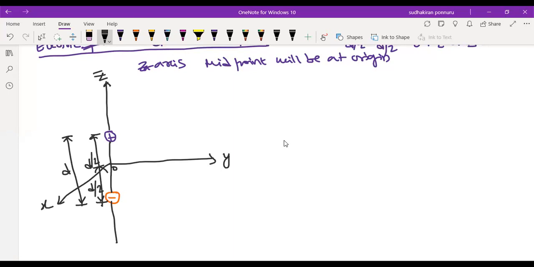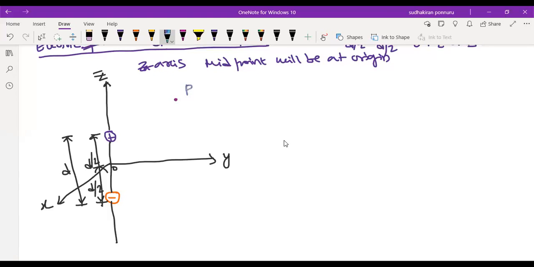Now our intention is to obtain the electric potential at a point P. So we are going to consider one point P, and at this point P we have to calculate the potential because of this dipole.